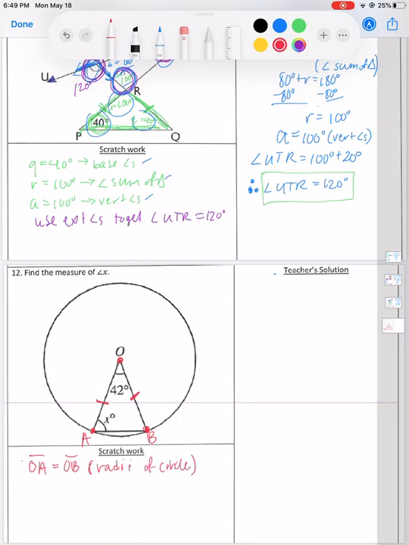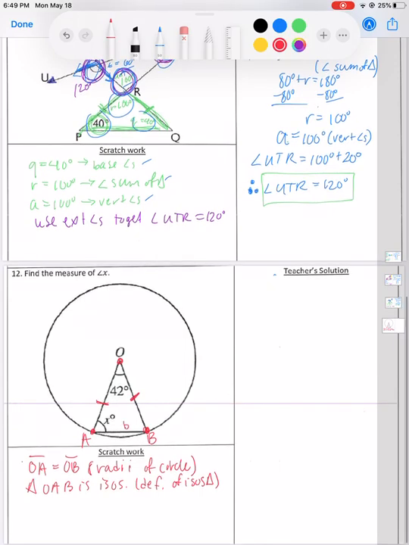Okay, and that means that we can establish that this triangle OAB is isosceles. Okay. By definition of isosceles triangle. These two statements need to start every problem from 12 on, because they're all circle problems like this. Okay, so once we know that that triangle is isosceles, let's go ahead and label this angle B. We know that that's the same as x.